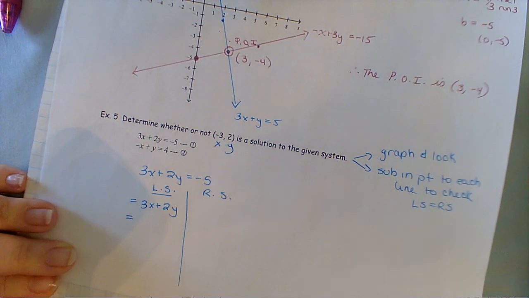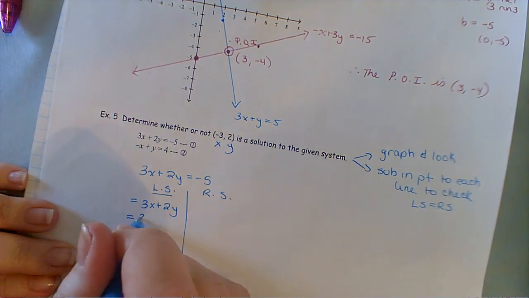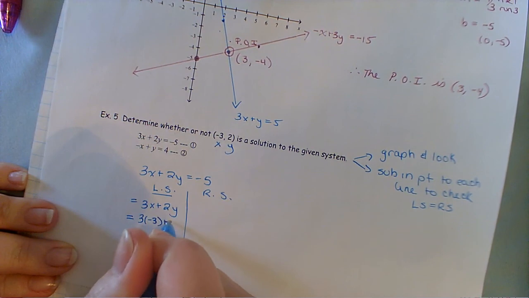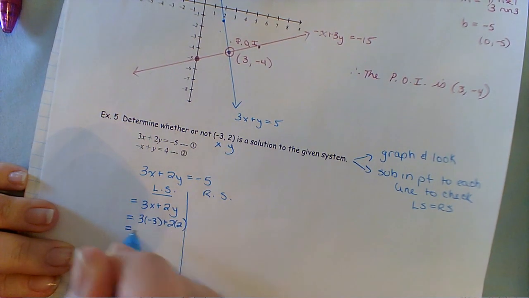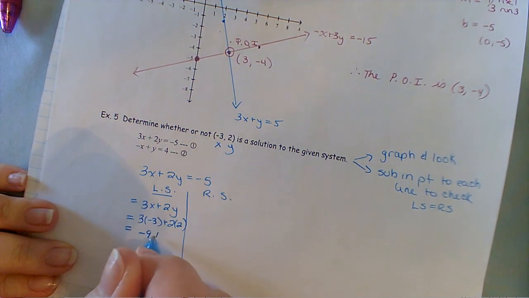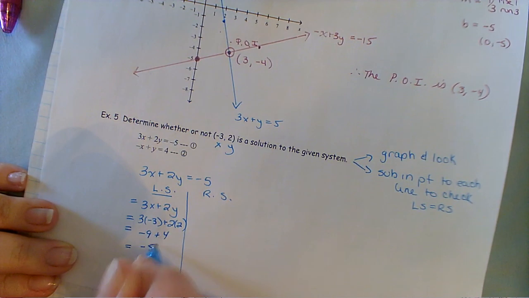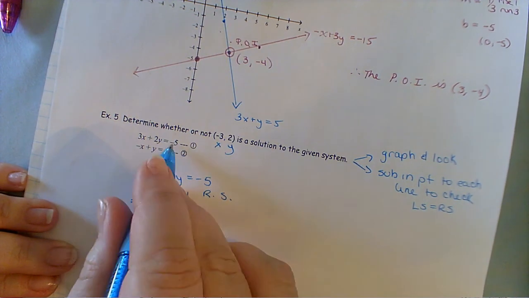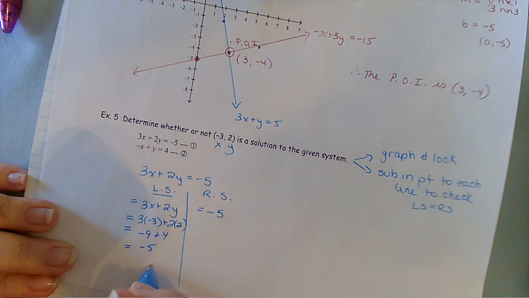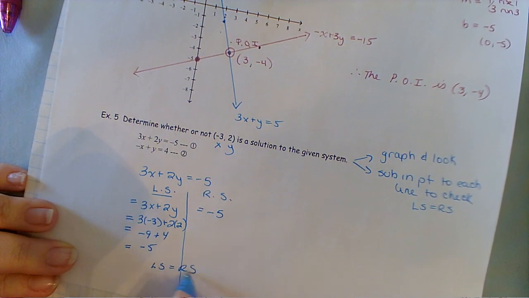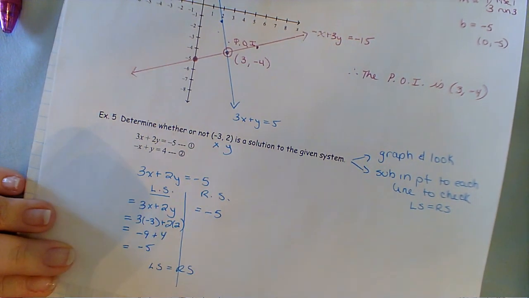In place of y, you're going to put the number 2. In the front, we get negative 9. In the back, we add 4. That gives us negative 5. The right side, look at that, is negative 5. Left side equals right side. They're equal to each other, right? So it worked out to be balanced.